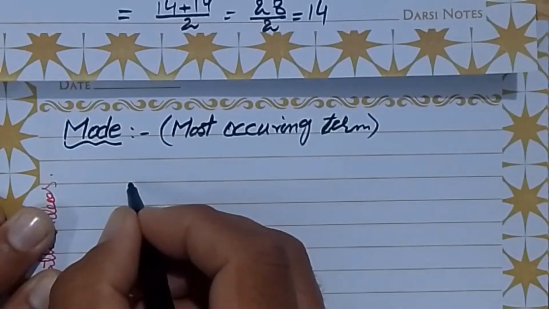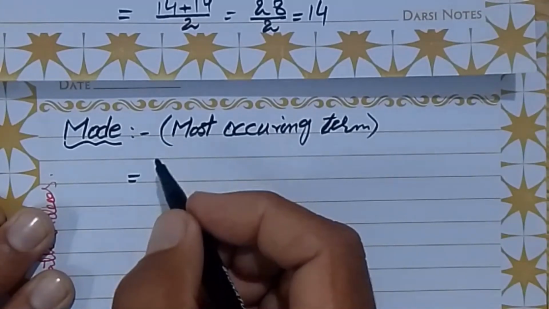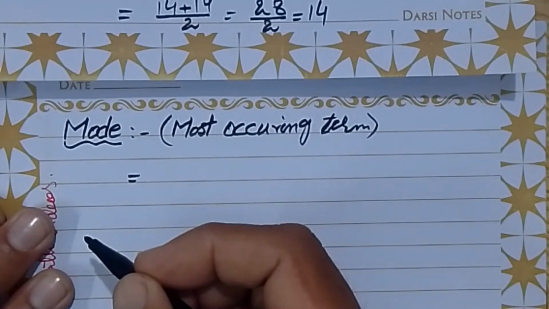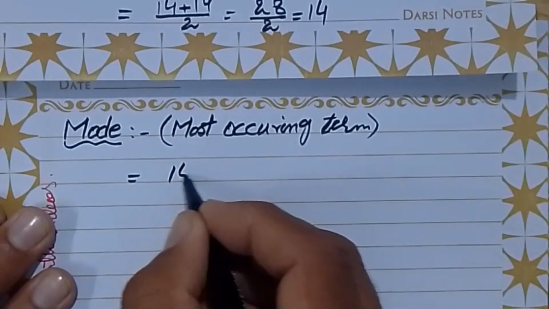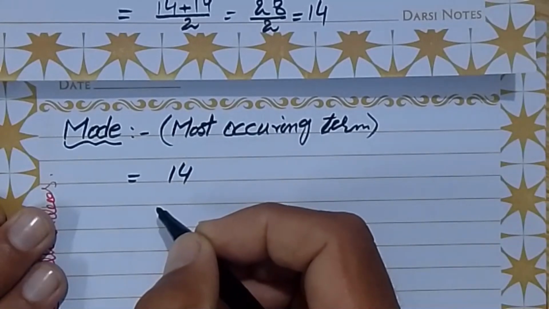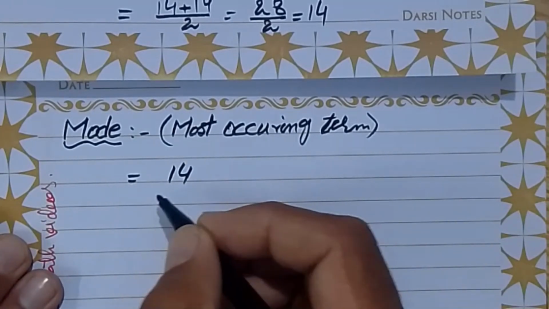The most occurring observation is 14, which occurs 2 times. Therefore mode is equal to 14.